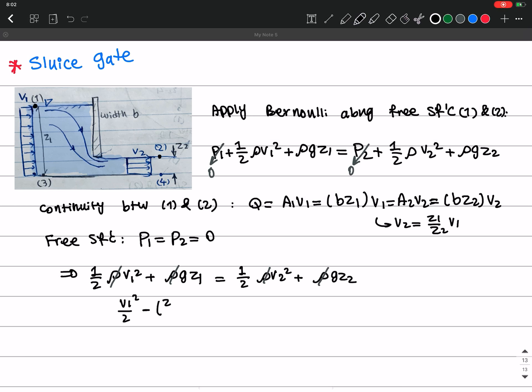It's going to be Z1 over Z2 square times V1 square over 2 equals g times Z2 minus Z1. Okay? So here I have combined them with continuity.